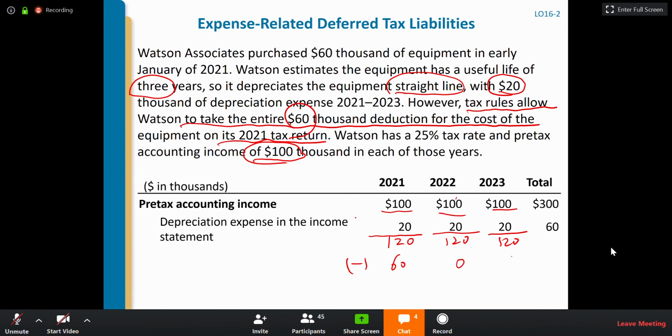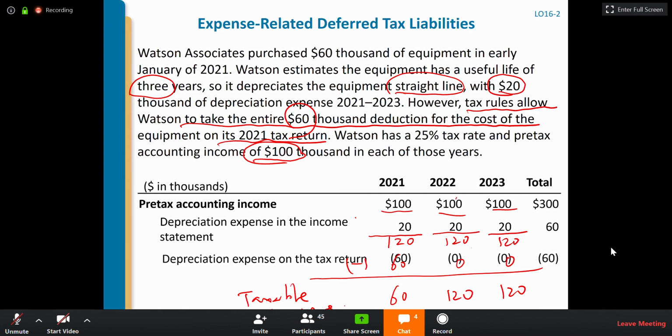You don't subtract anything, because you already subtracted the 60. So the taxable income should be 60 in 2021, then 120 in 2022, and 120 in 2023. This is the taxable income. Everyone's okay with that so far? No question on this part?